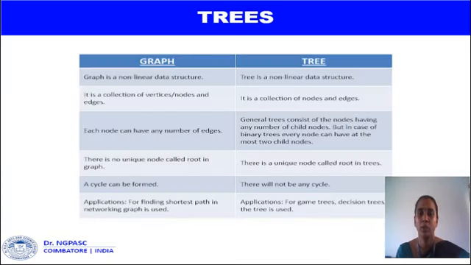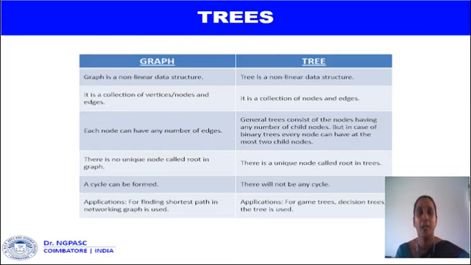Let me see what are all the differences between trees and graphs. Commonly, both tree and graph are non-linear data structures. In a graph we use the terms vertices and edges, but in trees we use nodes and edges.